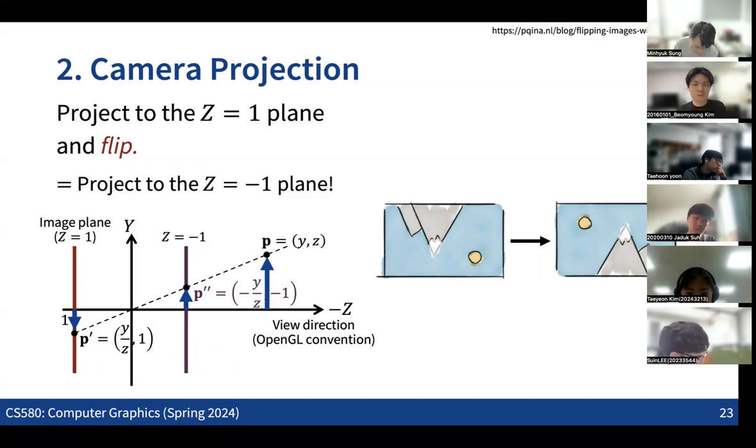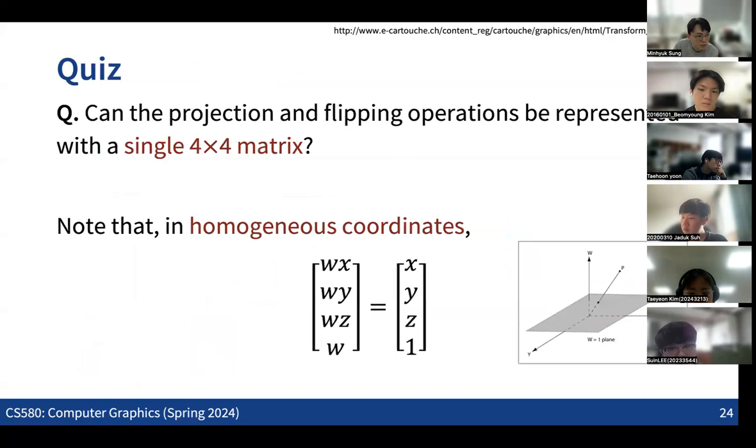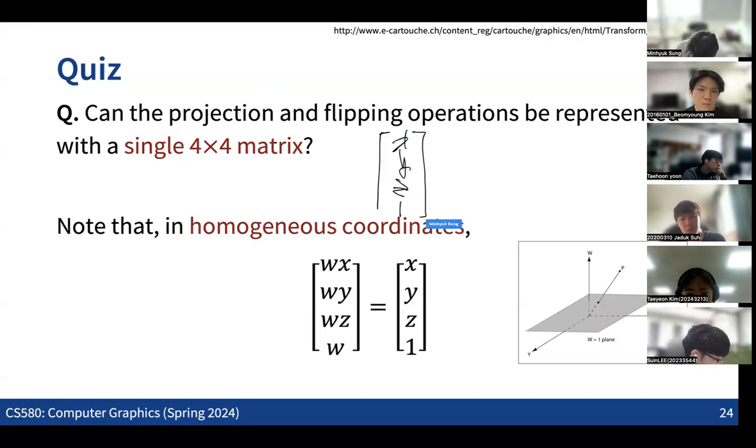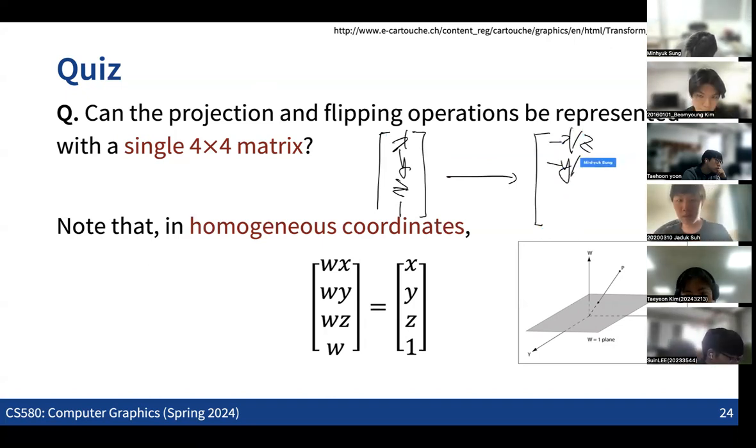Now, how should we represent this projection operation? We want to take any 3D coordinates, x, y, z, 1, and map them to minus x over z, minus y over z, minus 1, and 1.